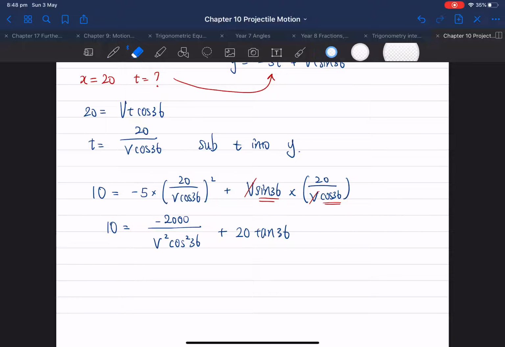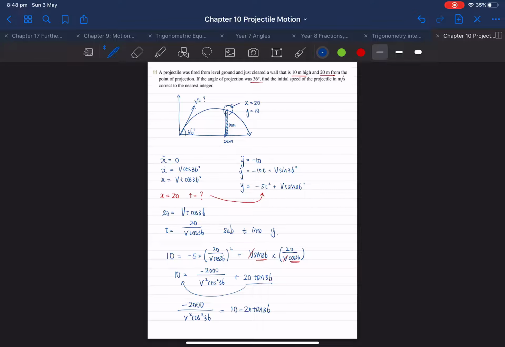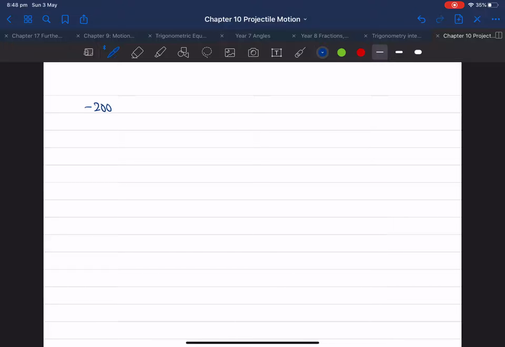All right, so now what we need to do is just simply move that entire thing to the left-hand side. Okay, so we will get negative 2,000 over v squared cos squared 36 equals 10 minus 20 tan 36. Okay, now I'm just going to copy this one down.